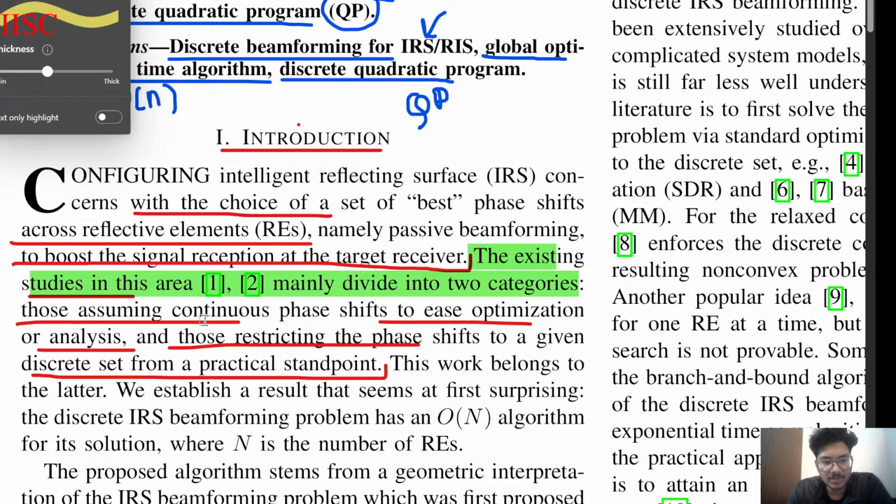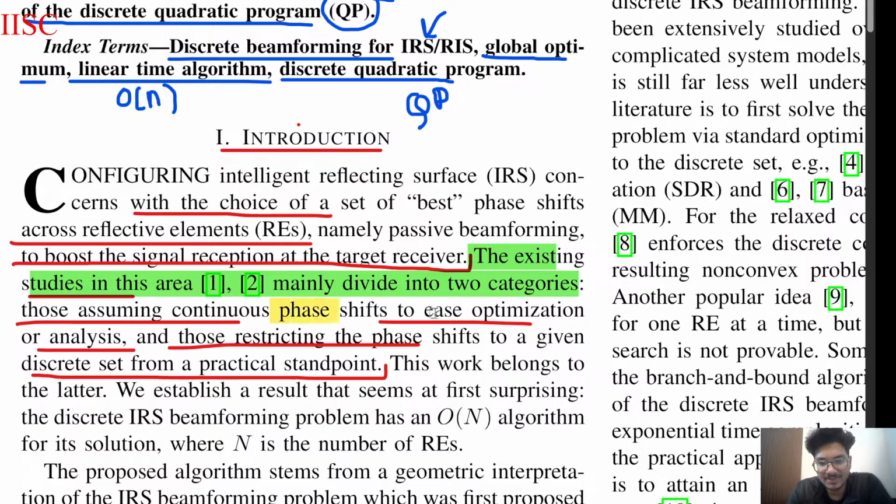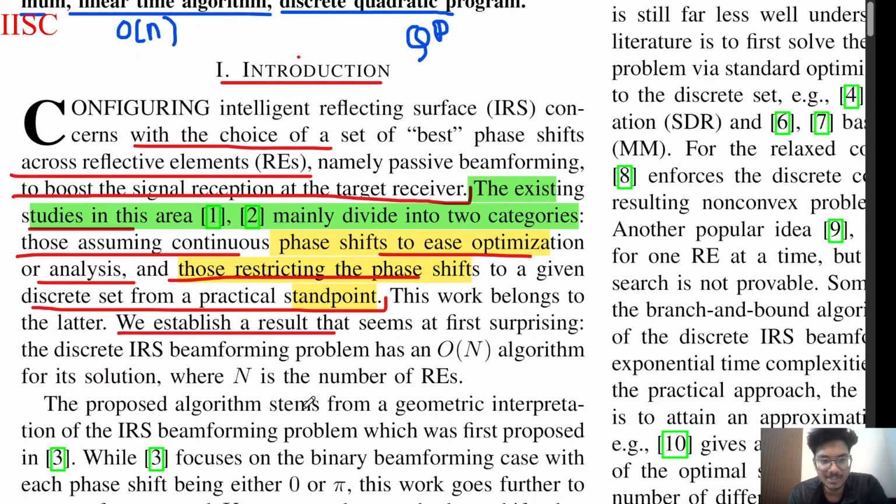This work belongs to the latter, and we establish a result that seemed at first surprising. The discrete IRS beamforming problem has an order n algorithm for its solution, and here n stands for the number of reflecting elements.